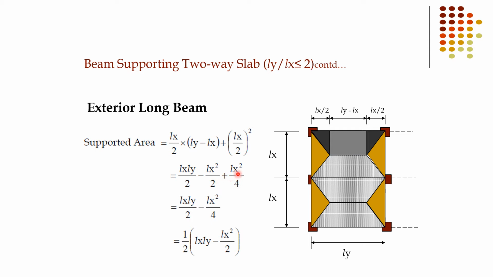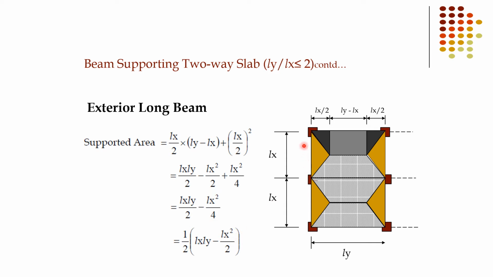When you simplify, the answer will become 1 by 4, because if we subtract half from the half, it becomes 1 by 4th. You can just use your calculator. Then I have just common 1 by 2 lx into ly minus lx square by 2.